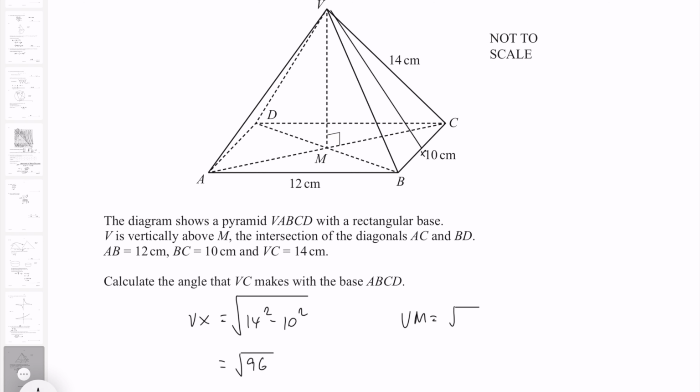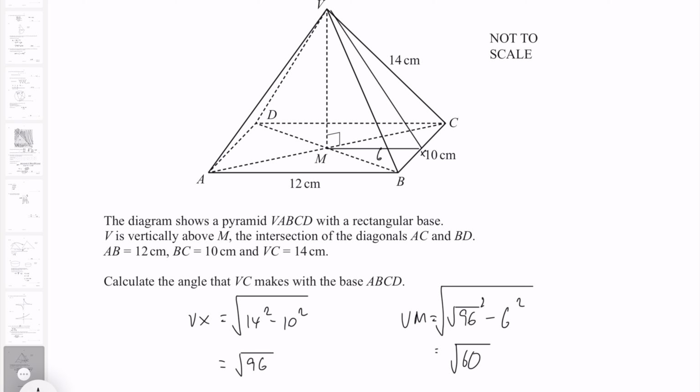That's just square root 96 minus 6, because this is 6, mx. Square that, and then square root the entire thing. Minus 36. Oh, 96 minus 36. Square root 60. So that's square root 60. That's my Vm. And that's my height of the pyramid.